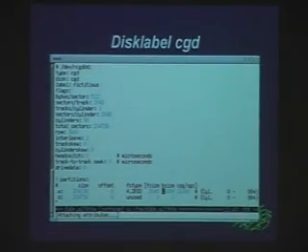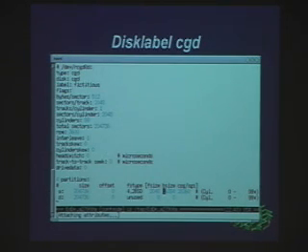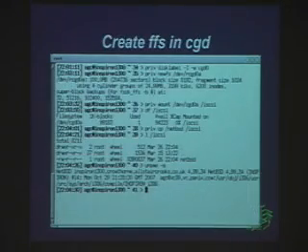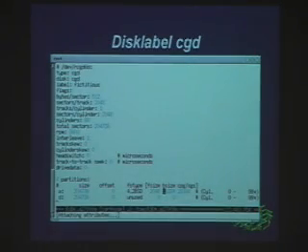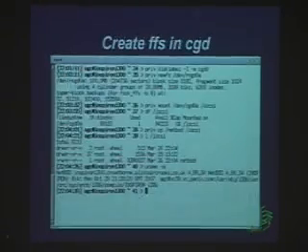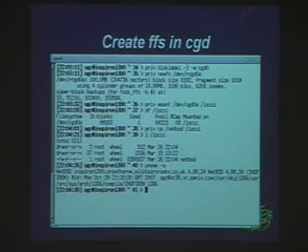We next go on to disklabel the CGD itself. So now we've got the CGD on top of the vnode. We disklabel that. Offset here is 0. We don't have to offset it anymore. And then that was the disklabel command. New file system on it.